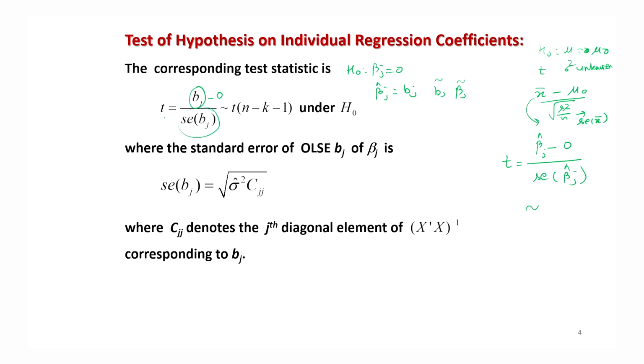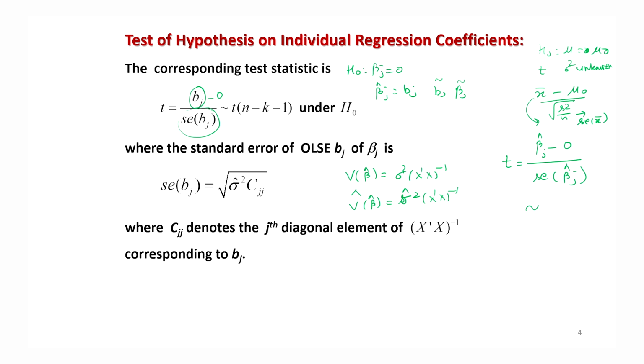Right. How to obtain the standard error of bj? If you try to recall, we had done that the covariance matrix of beta hat is sigma square times x transpose x whole inverse, and because sigma square is unknown, sigma square is estimated on the basis of the given sample of data by sigma square hat, and then we obtain the estimate of the covariance matrix as sigma square hat into x transpose x whole inverse.